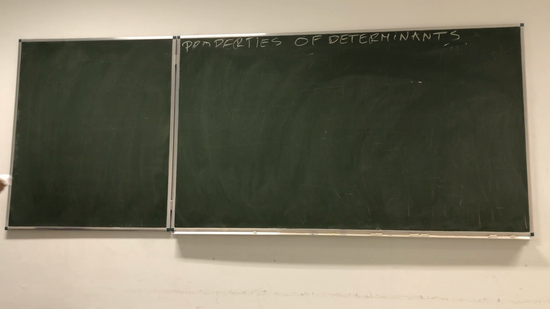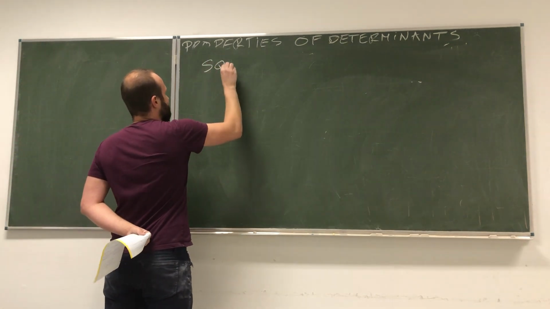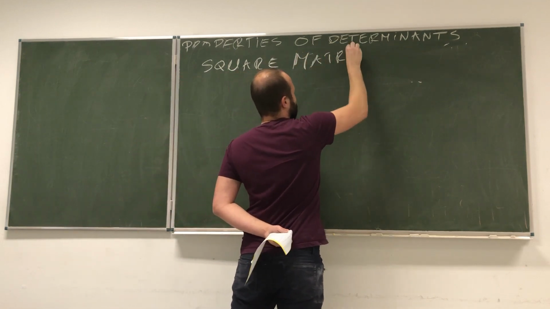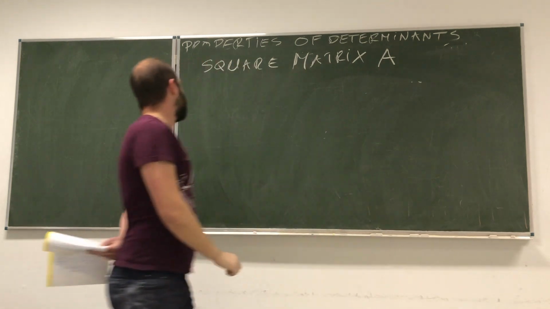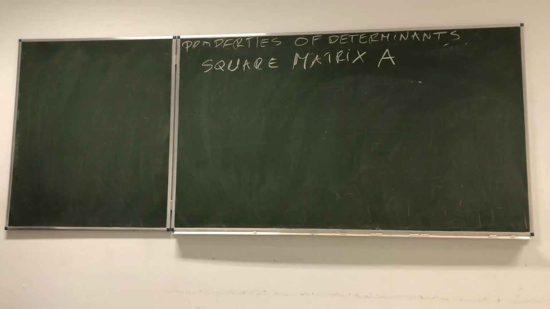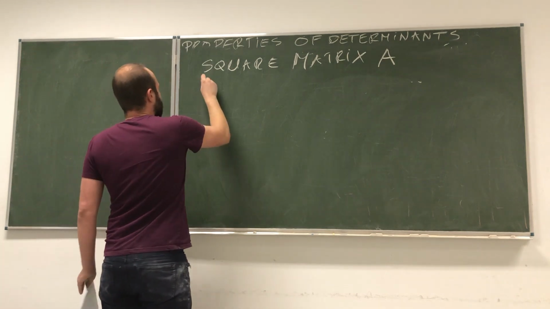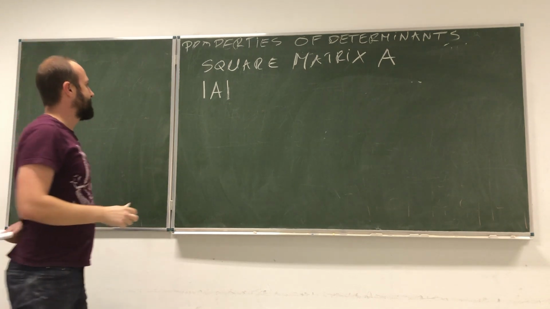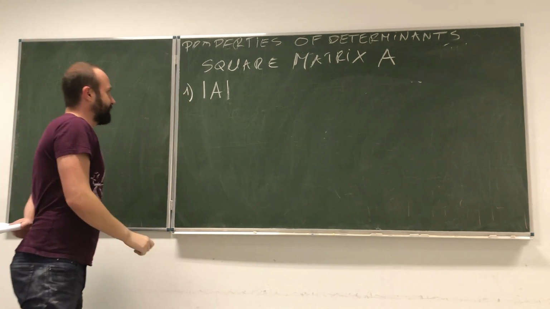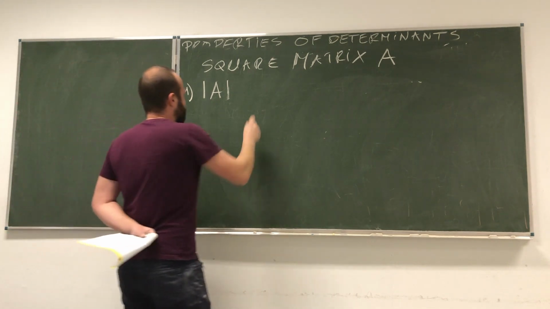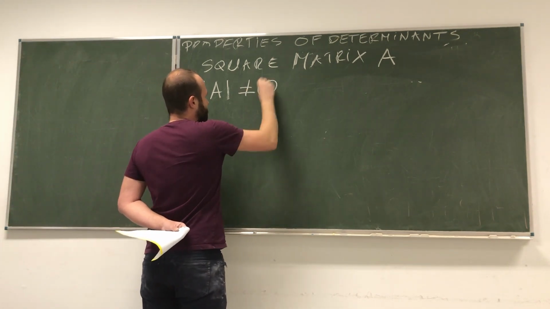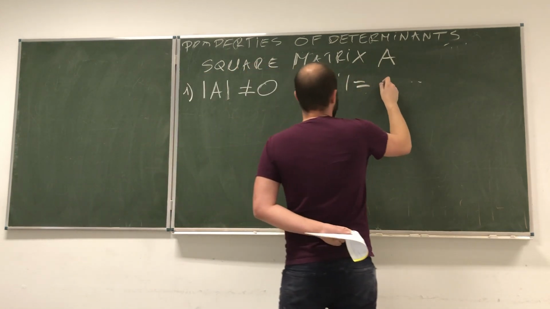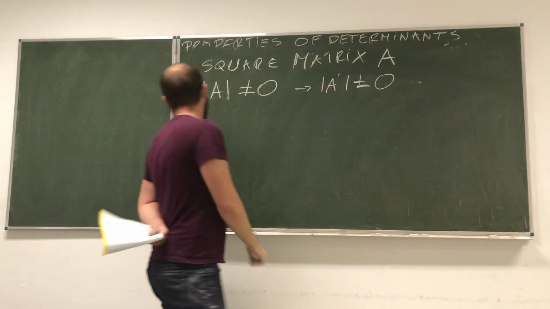So, look, if we have some square matrix A, and its determinant is different than 0, then the transpose determinant will also be different than 0.